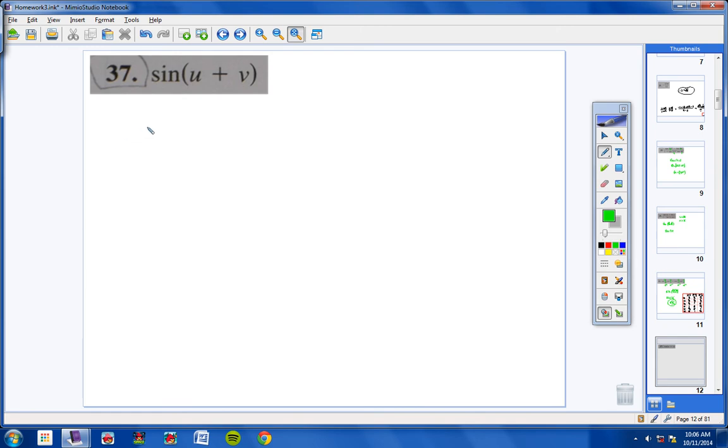Now on numbers 37 and 41, they want us to find the exact value of the trig function, and they've given us the sine of u is 5/13, and the cosine of u is -3/5. They were very nice to tell us that we're in quadrant 2.